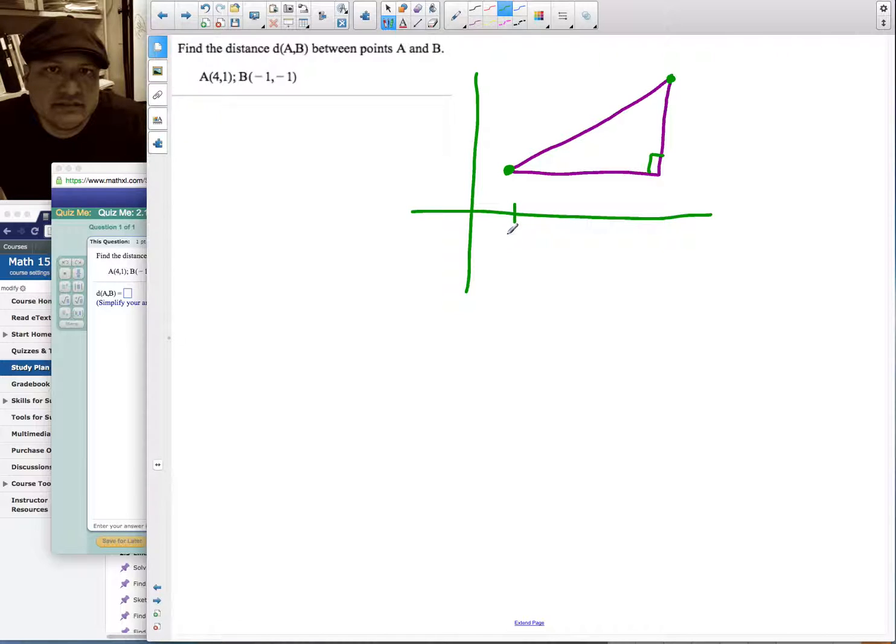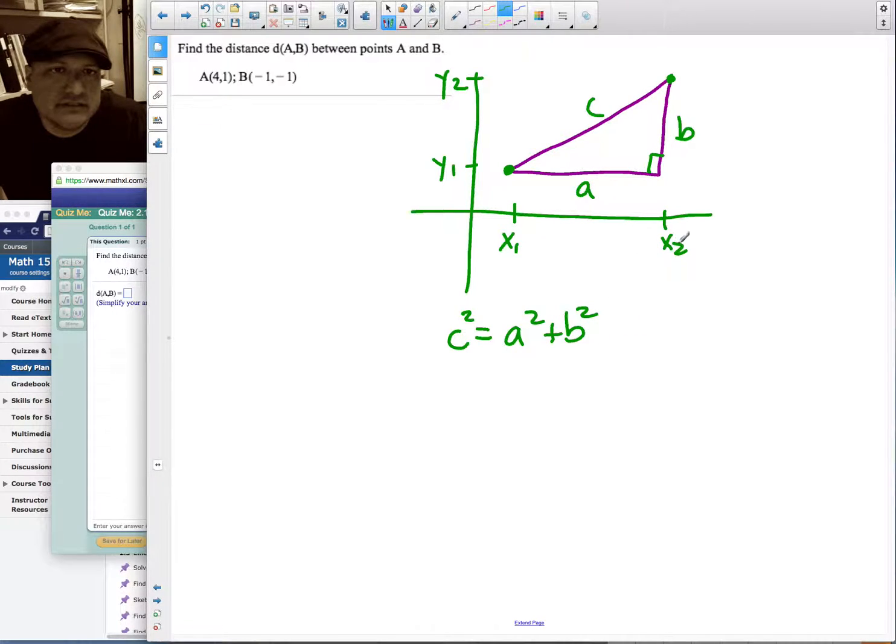If this is x1 and this is x2, and if this is y1, this is y2, then the distance between (x1, y1) and (x2, y2) is this distance here. If we called this A and this B, this distance would be C. C squared is A squared plus B squared from the Pythagorean theorem.